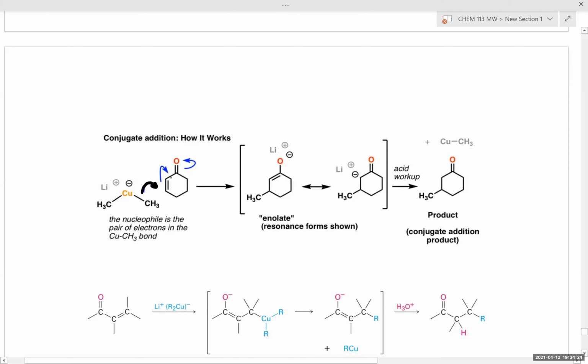Our Gilman reagent attacks our beta position, that in turn generates our enolate, and then the enolate is protonated with acid during the workup. So this is a wonderful method to form carbon-carbon bonds at the beta position.